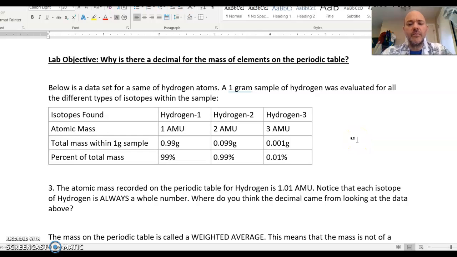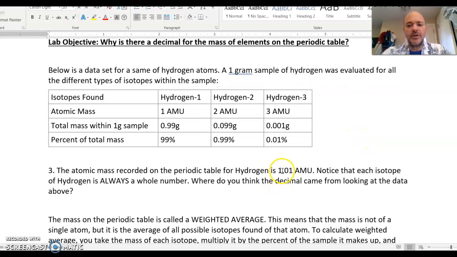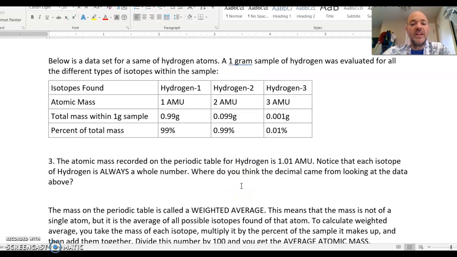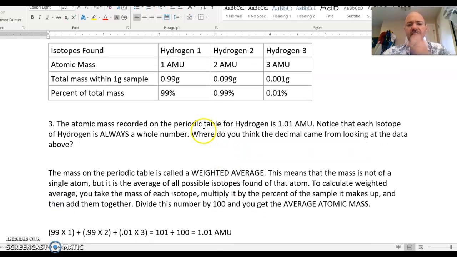Or the other thing we might see is that on the periodic table it has a mass of 1.01. Now, that doesn't mean that it's got 1 proton and 0.01 neutrons. That means if we look at how much of each type of isotope exists, we can figure out the weighted average. So it's kind of a confusing formula, but here's the thing.